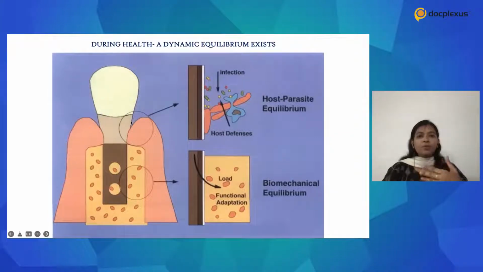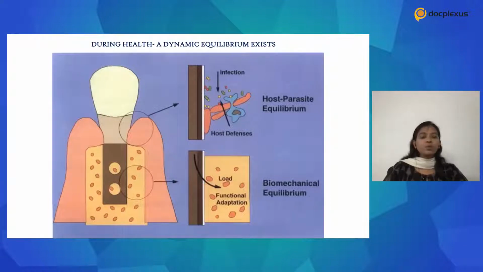Once this plaque forms, the microorganisms multiply and form a lot of colonies. And that's how there is a buildup of disease. So when that equilibrium between the host and the microbial defense mechanism is lost, there is formation of disease.